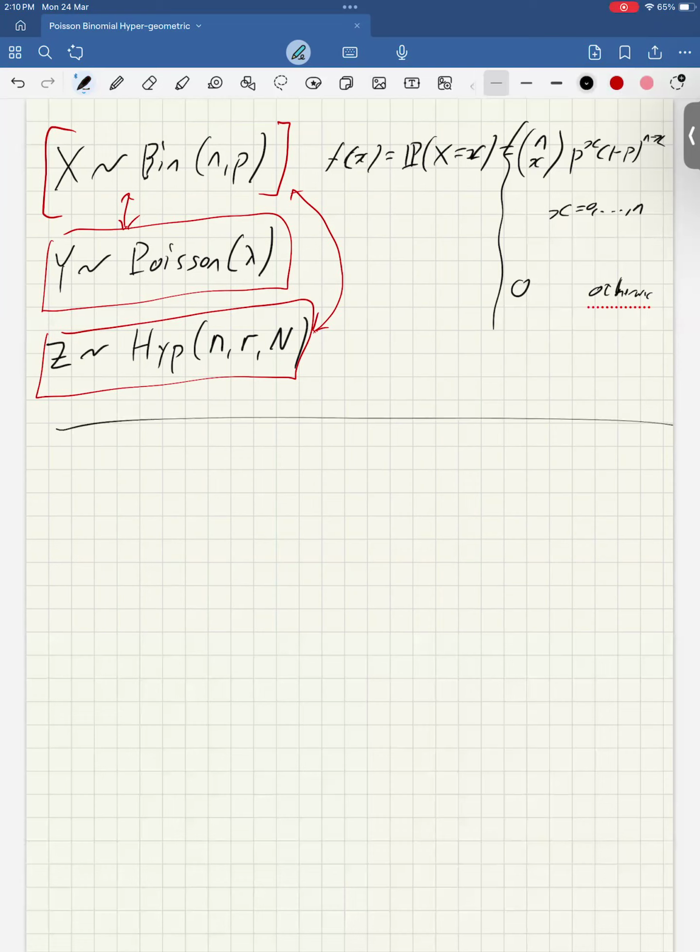So Y is distributed Poisson, I'll just write POI, with the parameter lambda. Lambda is a strictly positive number here.